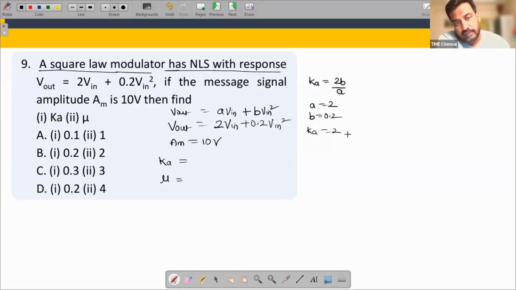Ka is 2b by a, 2 into 0.2 by 2. So Ka is 0.2.